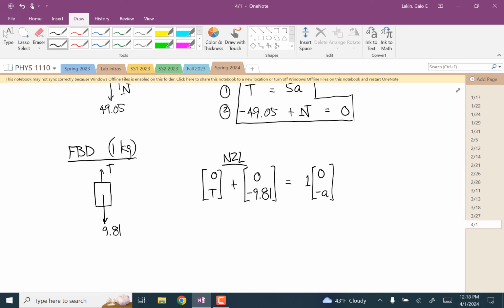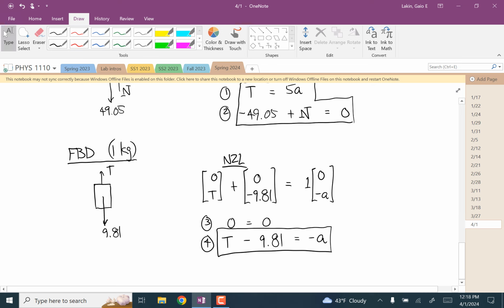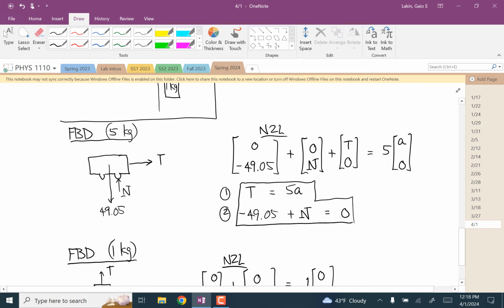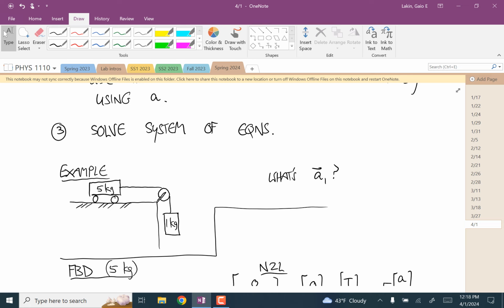This gives two equations. Well, the third equation is pretty useless. But the fourth equation says T minus 9.81 is equal to negative a. I guess I'll just go with this one. All right, well, we're trying to find the acceleration vector of the 1 kilogram.